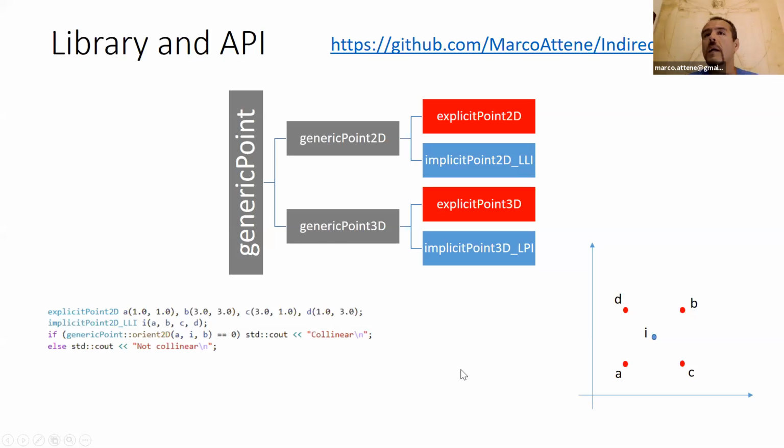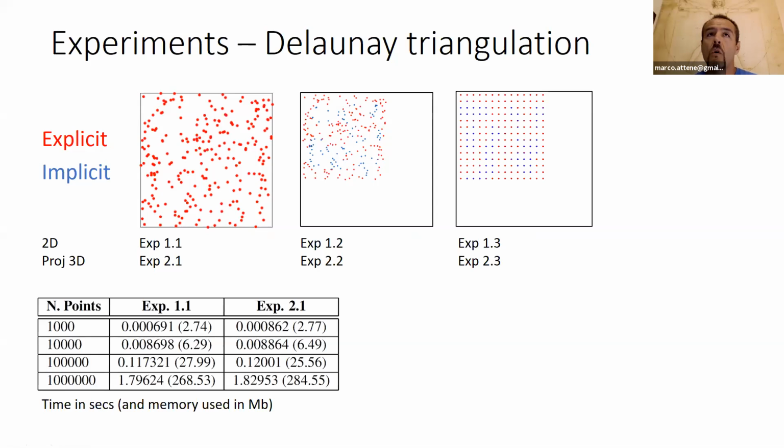As a test bed, I used the standard Delaunay triangulation algorithm working on generic points. This image here is corrupted, but you can understand it in any case. So in a set of 2D experiments, I generated random points: experiment 1, random explicit points; random mixed points, where the red ones are explicit floating point coordinates and the blue ones are implicit, intersections of two lines in this example because we are in 2D; and uniform mixed points.